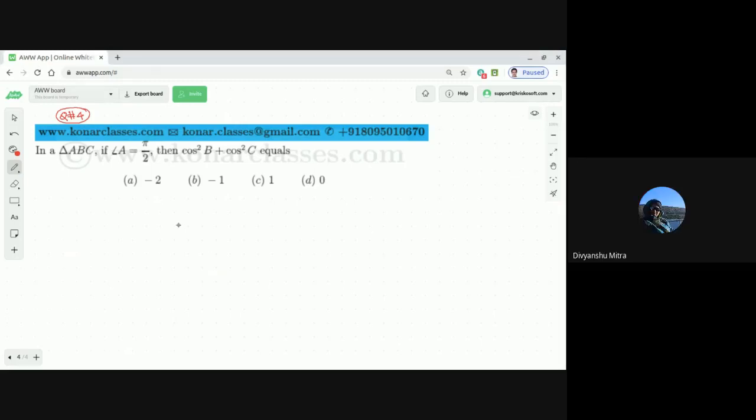Is this C? Correct. You are right, it is C. Good. How to find it out?